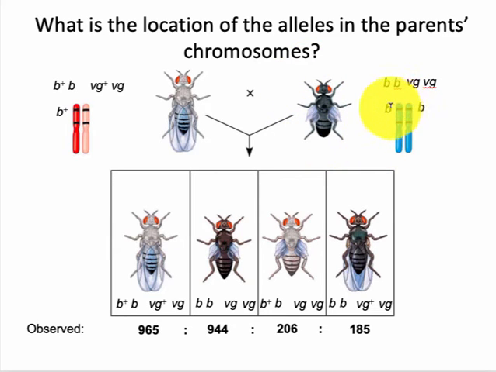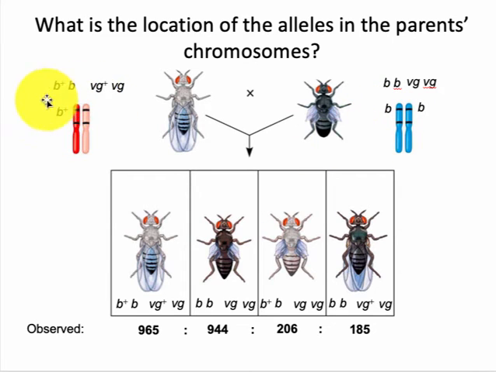Let's assume that the B gene is located here at the top. This is the locus for this gene, the section of DNA at the top of the chromosome. Since this fly is homozygous, both chromosomes, both homologous chromosomes, will have the recessive allele located in that section of DNA at the top of the chromosome.